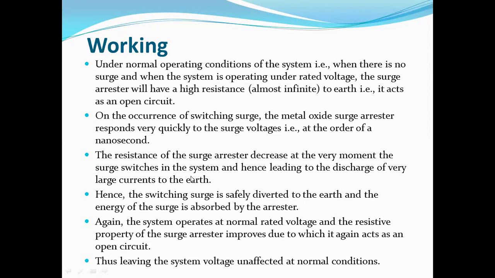Okay, the switching surge is nothing but a sudden increase in the voltage, right? So the switching surge is the increase in the voltage.